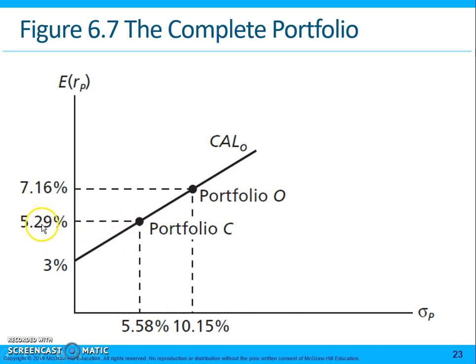So we would calculate the expected return as the weight in the risk-free asset multiplied by the risk-free rate, plus the weight in the optimal risky portfolio multiplied by its expected return, and the standard deviation would simply be the weight in the optimal risky portfolio multiplied by the standard deviation of the optimal risky portfolio.